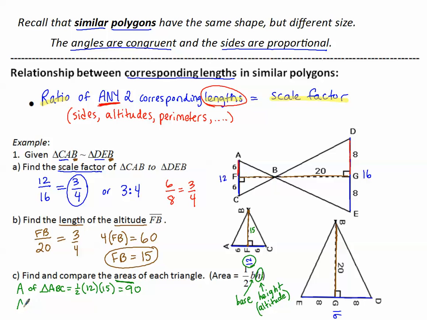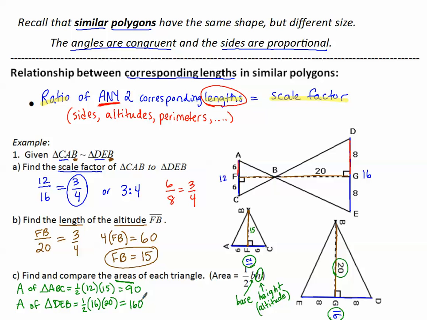Okay, and then the area of triangle DEB, 1/2 times the base, 16, times the height, 20. So we have half of, I'll do this one this time, half of 20 is 10, and then 160.